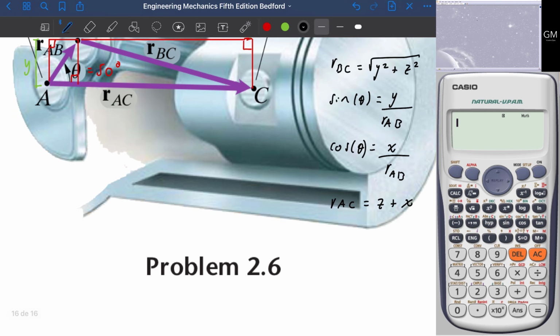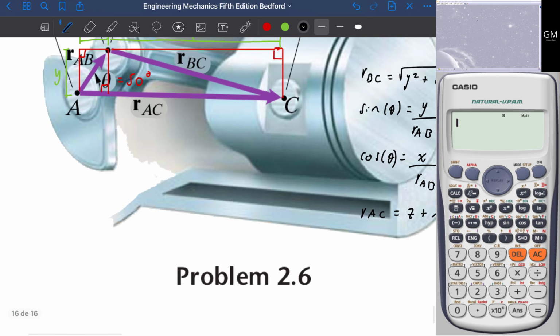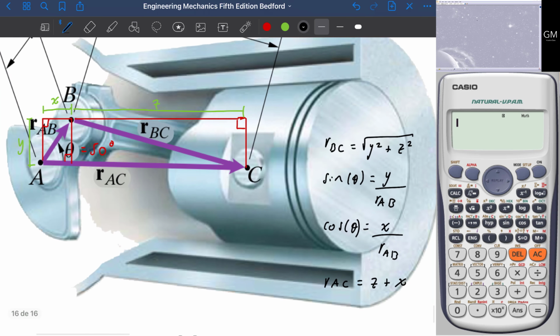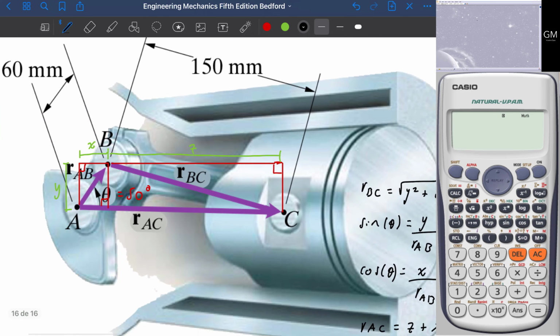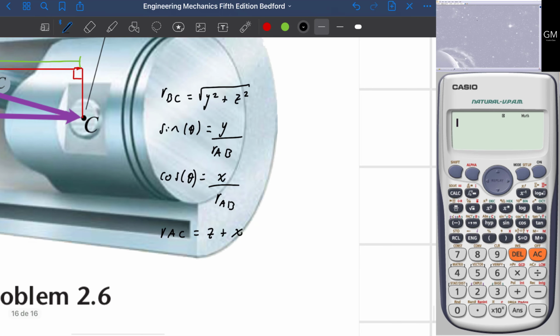Okay, so this is telling me that x is equal to the cosine of theta multiplied by RAB.